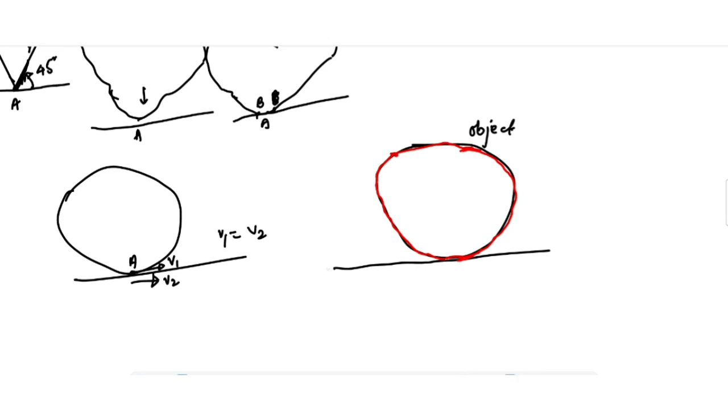So I'm painting it with red color, and I'm painting the surface, or let me paint it with gray color to make it visible on the screen, but essentially think that I'm painting it with white color. Just to be visible on the screen, I am painting it with gray, but think that I am painting it with white color. Now I am freshly painting the object and the surface on which the pure rolling is supposed to happen.